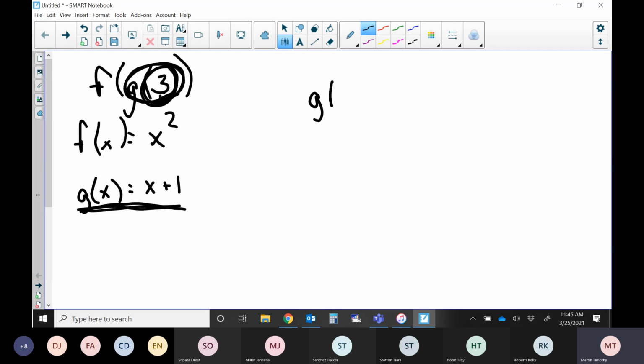Instead of x, I'm going to put a 3 equals. So instead of this x, what am I going to put in its place? A 3. Yeah, plus 1. And then what's 3 plus 1? 4.